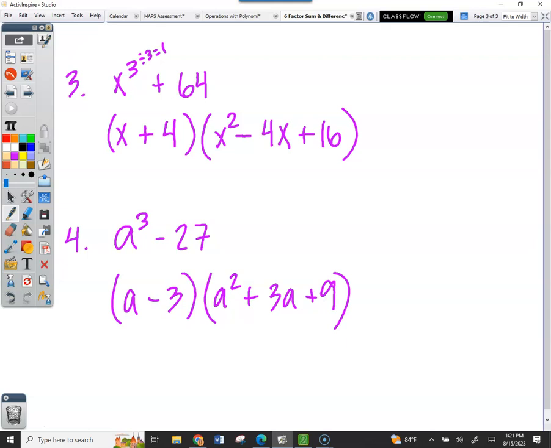Now, I think there are some questions on there where I threw something in to trick you. Yep, number 6. Number 6 has what issue? A negative. There's a negative in the front. You would factor that -1 to the front of it.